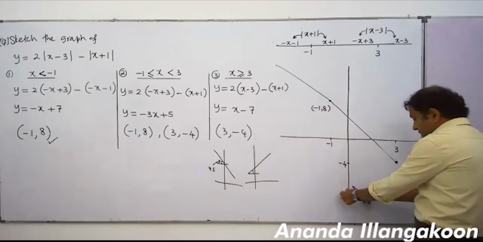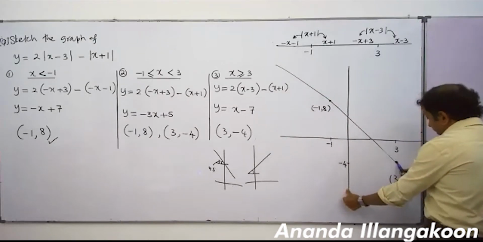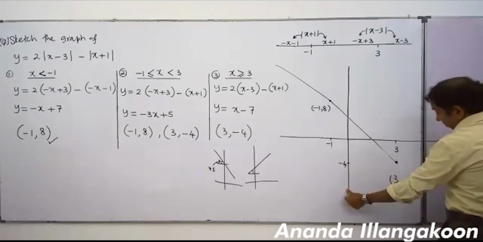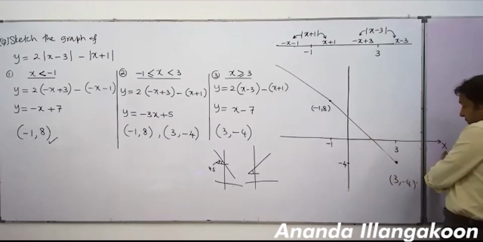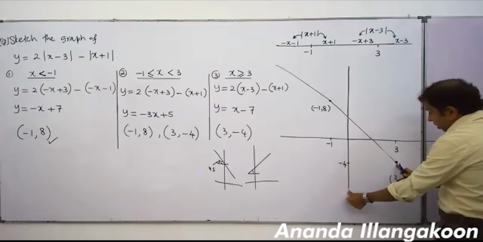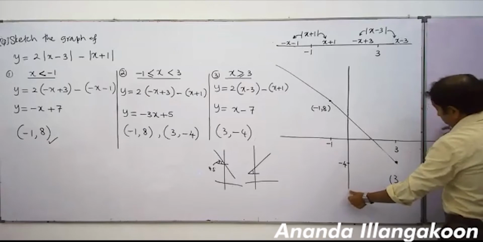Minus 7 is somewhere here. Take an approximate scale. Now this point and this point we have to join, and by producing that we get the required line. But of that line we need the part which is on the right of 3 only. So keeping your ruler here and here, while joining these two, start to join from here this way. Then you get that graph.